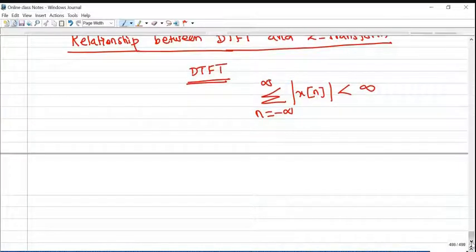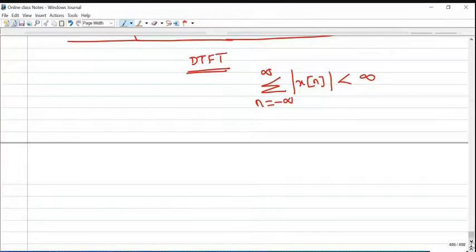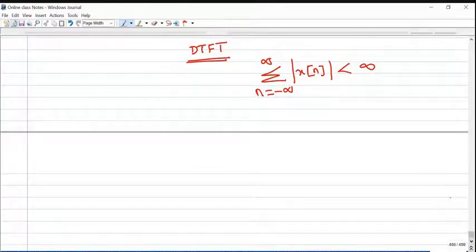Then only we can go with DTFT, a similar concept to the Fourier transform, CTFT. To analyze unstable signals, we go for the Laplace transform in continuous time and the Z transform in discrete time.